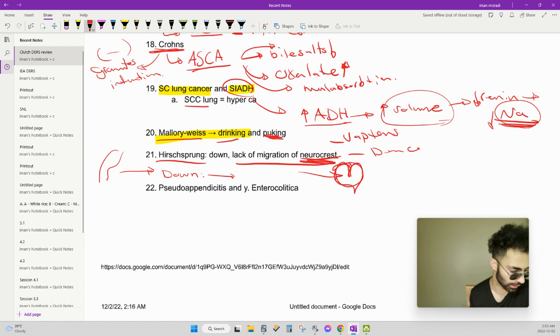One sign is that when you do a rectal exam, there's a squirt of feces that comes out, and that can be used as a sign. Okay, I'll do the rest of it in part two.